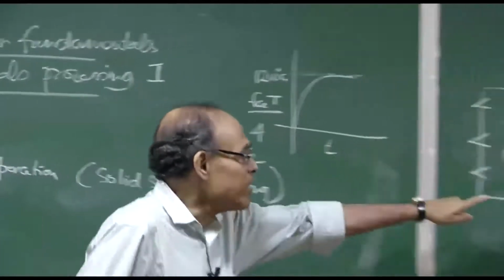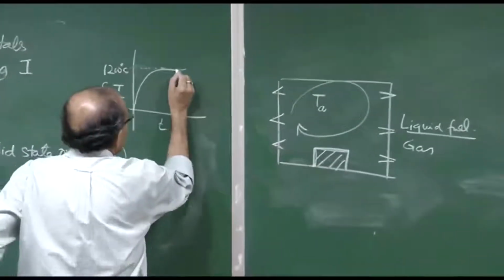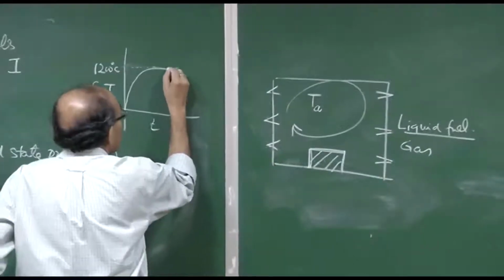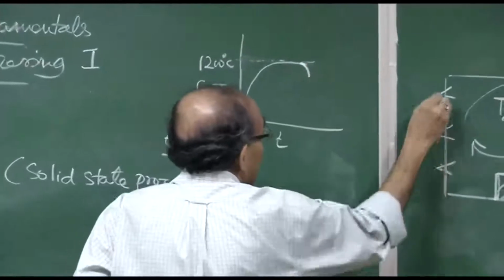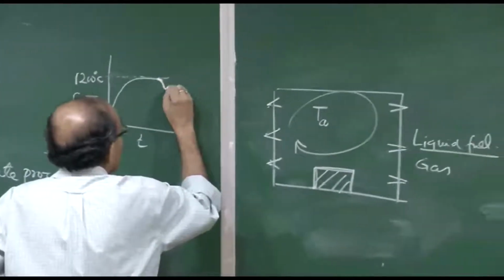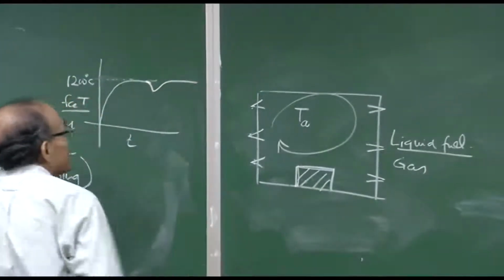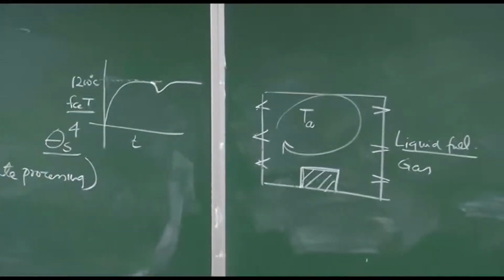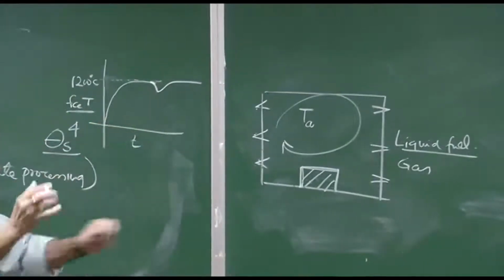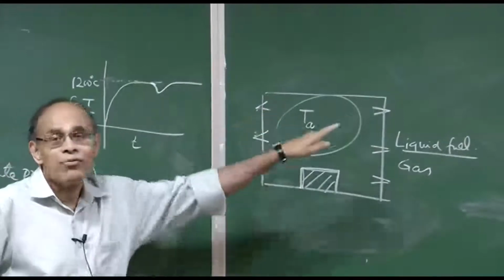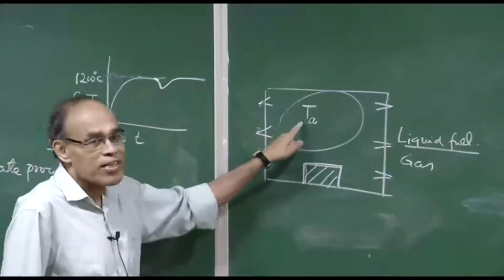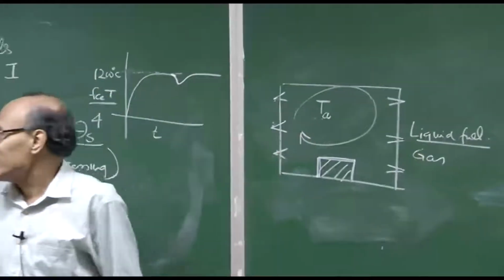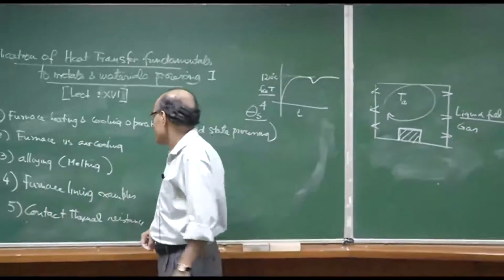The moment you put in 1, 2 or 3 ingots, the temperature dips down, but at that point you increase the pumping rate of the fuel, and soon enough the desired temperature is obtained. So, by adjusting the flow rate of the fuels into the furnace, we should be able to maintain a constant temperature.